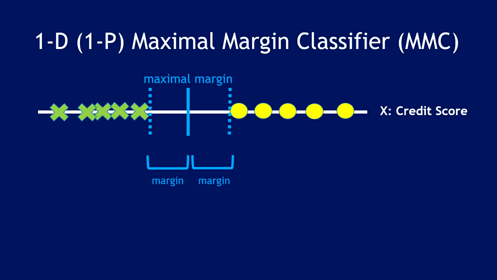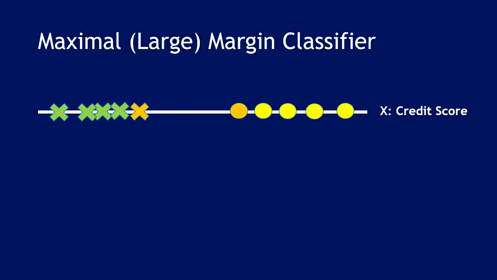In this particular graph, we see that there are two margins, one on each side of the line, and we want to be able to maximize both margins at the same time. The maximal margin classifier is also sometimes called the large margin classifier. So you will hear both terminologies in the literature. And as we have seen, the idea is to maximize the margins on both sides.